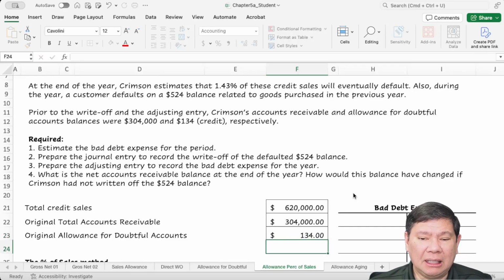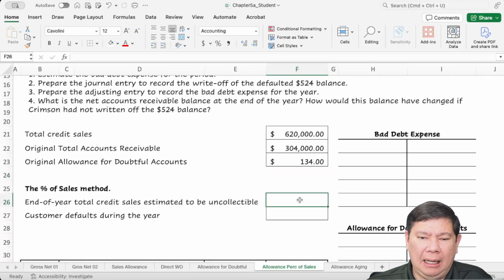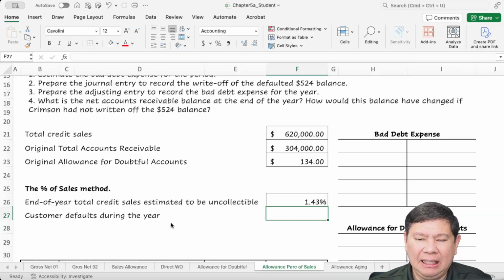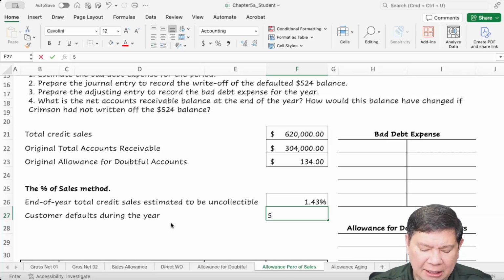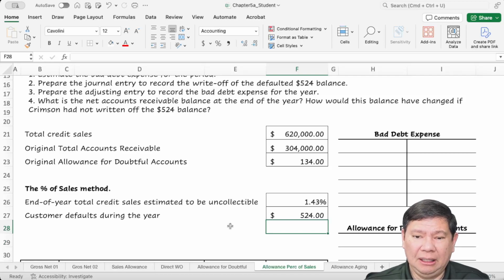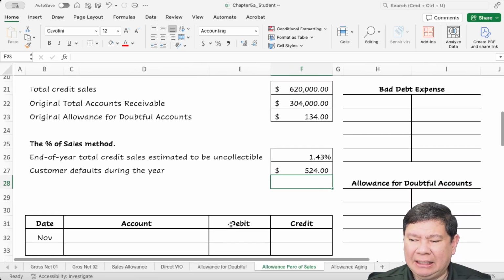Allowance for doubtful accounts. Okay. Estimated to be uncollectible is 1.43% of the credit sales, and from prior year sales there is a $524 customer default. So how do we prepare the adjusting entry?